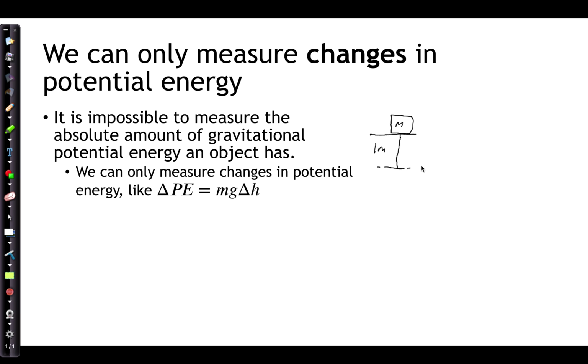So you might say the object sitting on the table could fall down to the floor, so it would lose mg, and then the height would be negative. The change in height would be -1 if it fell down to the ground, to the floor. So that's fine. But now I want you to imagine that we dig a hole beneath the object.